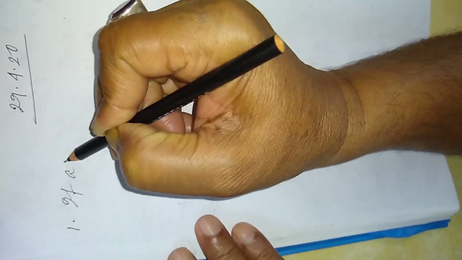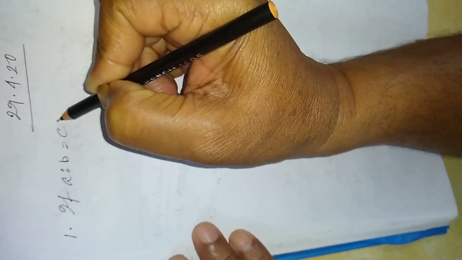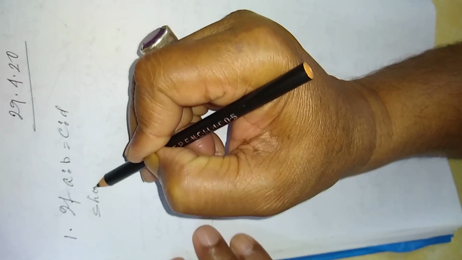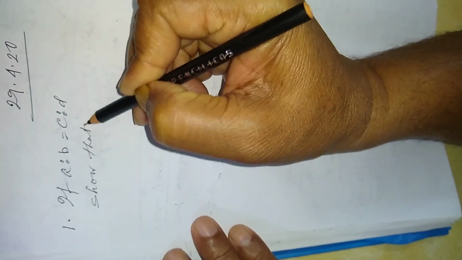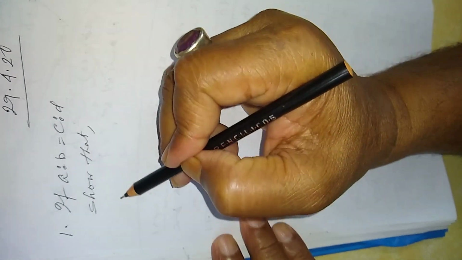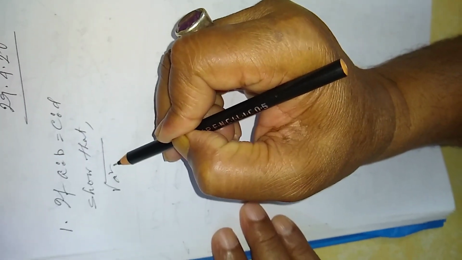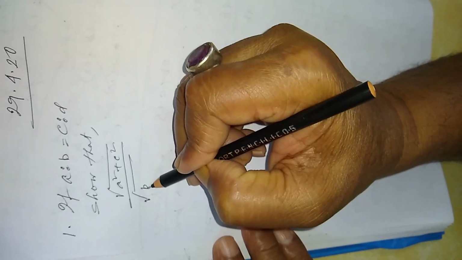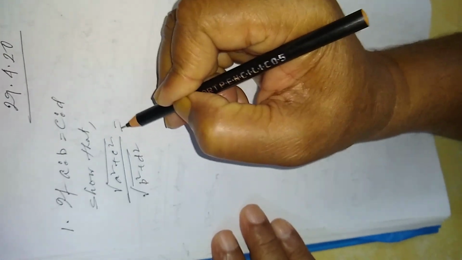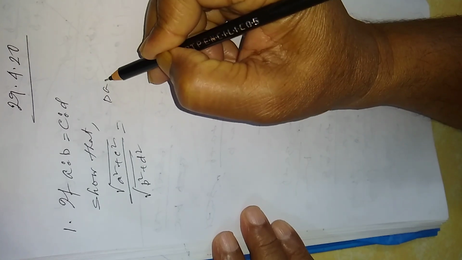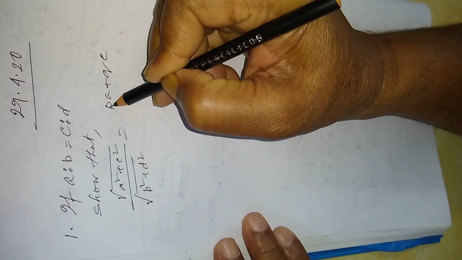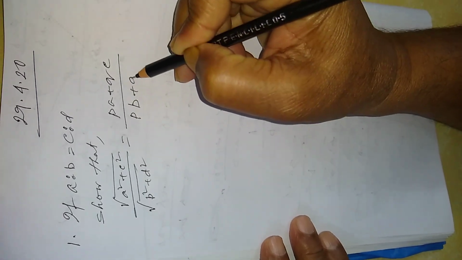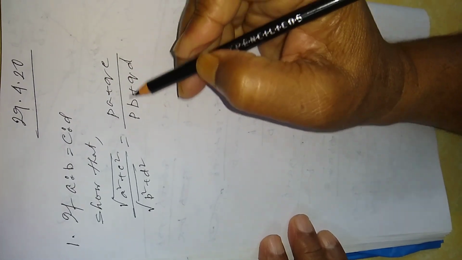if A is to B is equal to C is to D, so that root over A square plus C square divided by root over B square plus D square is equal to PA plus QC divided by PB plus QD.